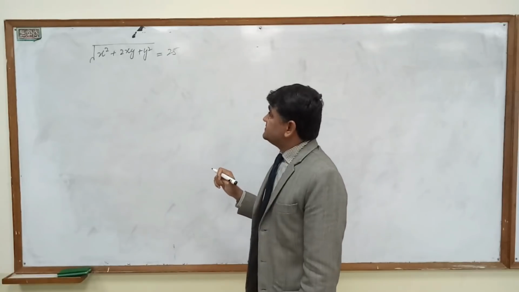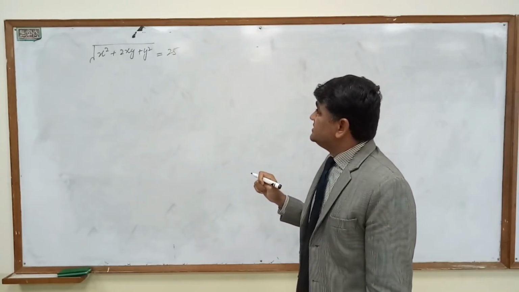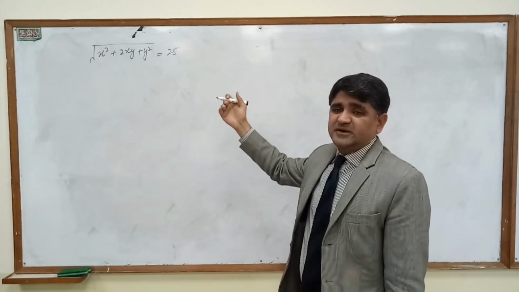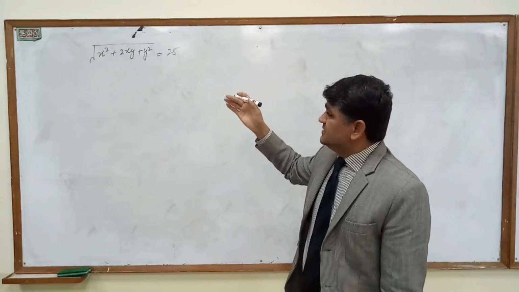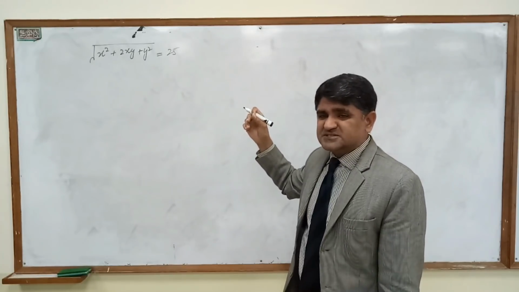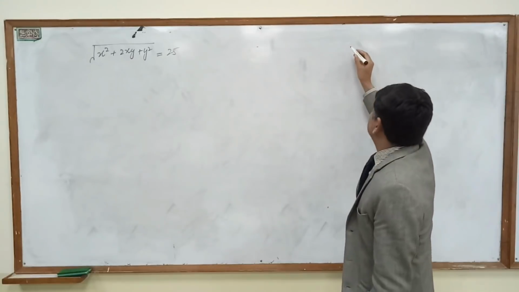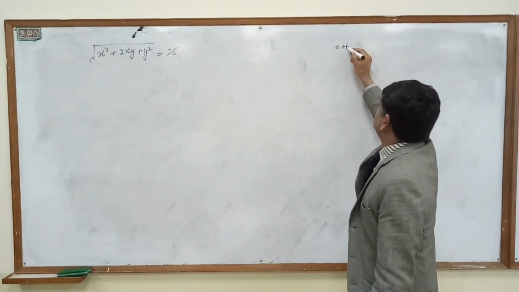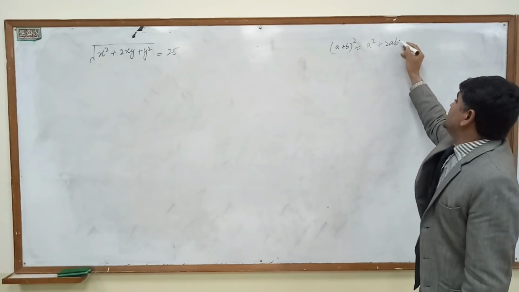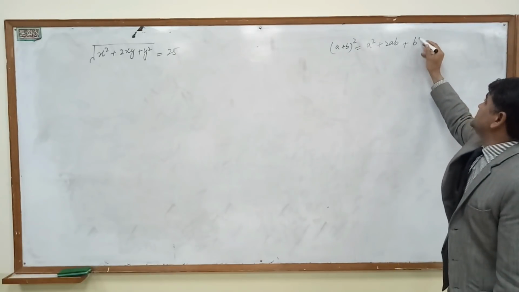In this case, by look the power is 2, but we should be careful and remember the formula: a plus b whole square is equal to a square plus 2ab plus b square.